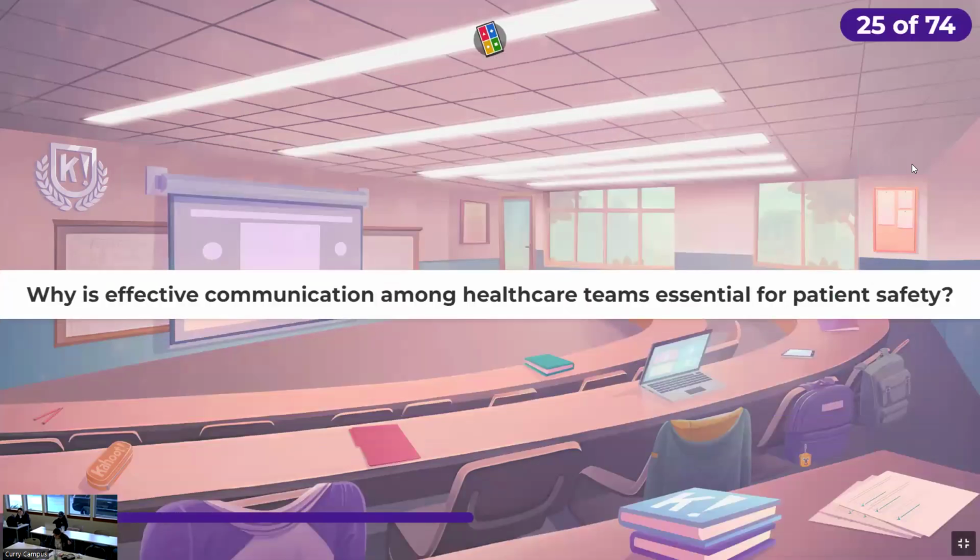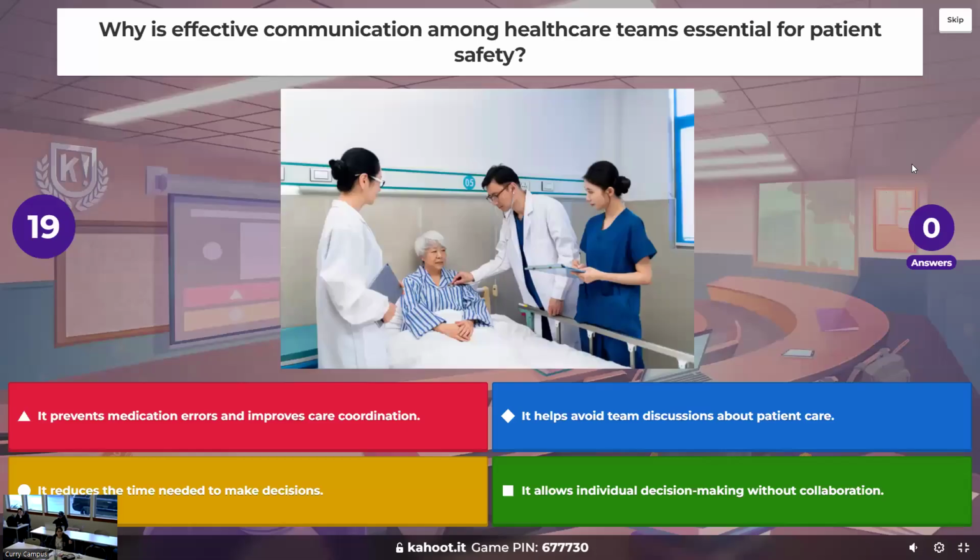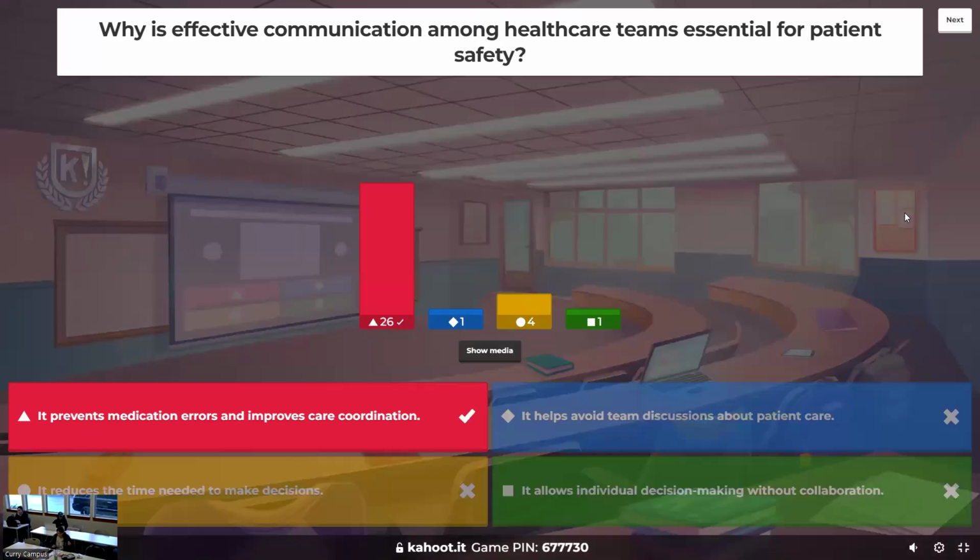Why is effective communication among healthcare teams essential for patient care and safety? It reduces the time needed to make decisions. All right, it prevents medication errors and improves care coordination. Good.